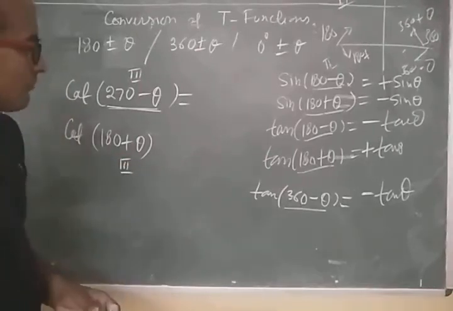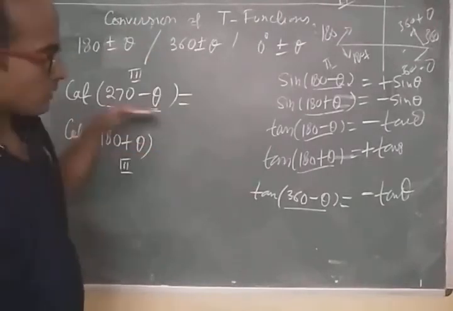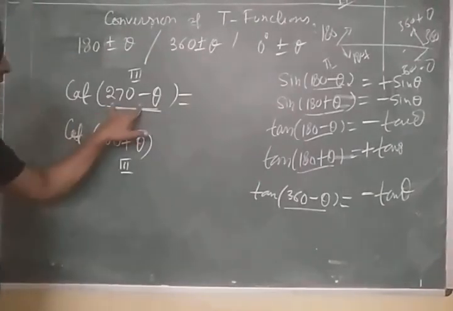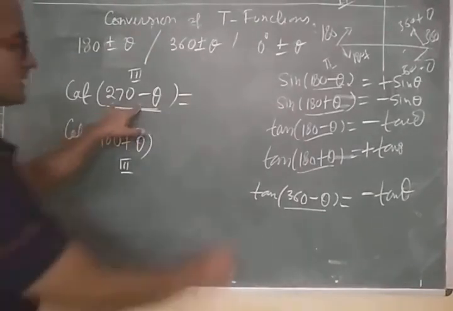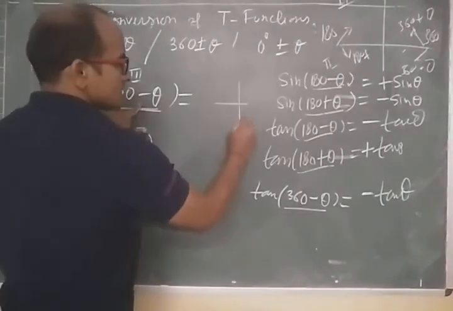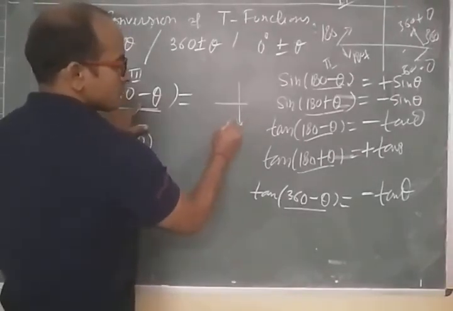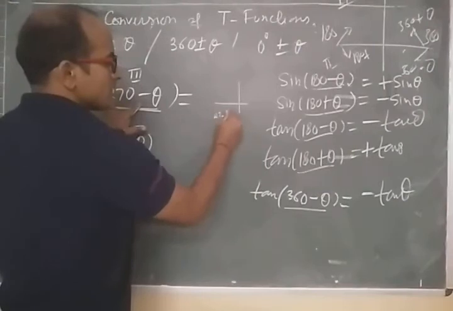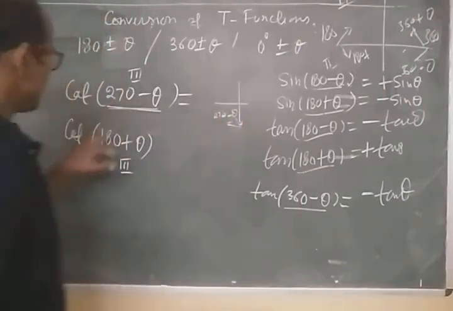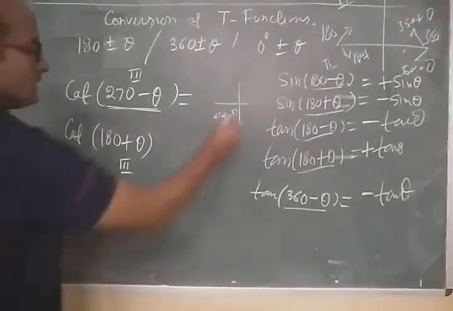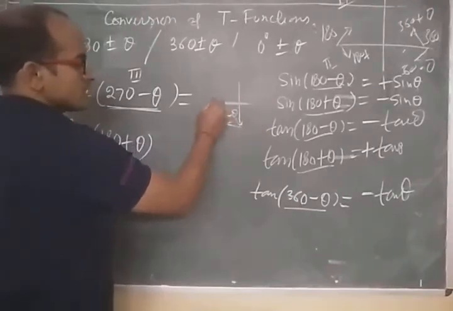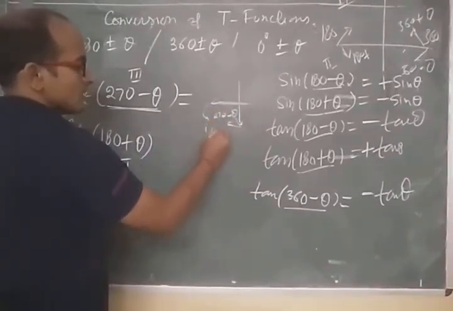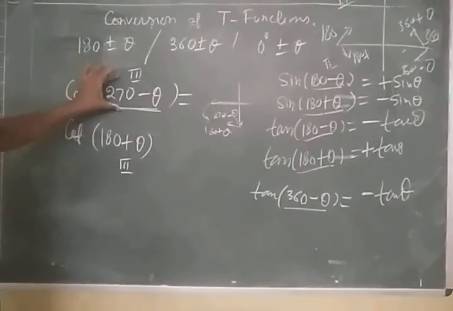But the rules are different for the vertical line and the horizontal line. This is 270 minus, from this we are subtracting, so this is 270 minus theta. And this is 180, and plus means 180 plus theta. Both the angles are in the third quadrant, but the rules are different for both.